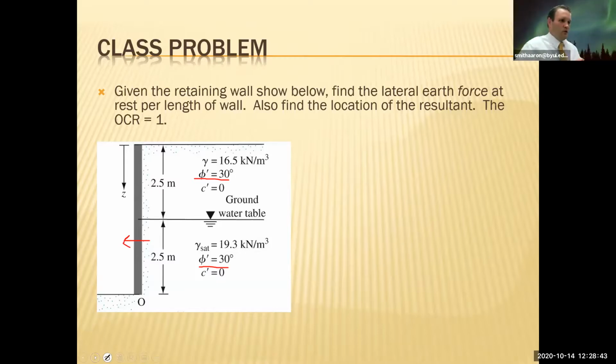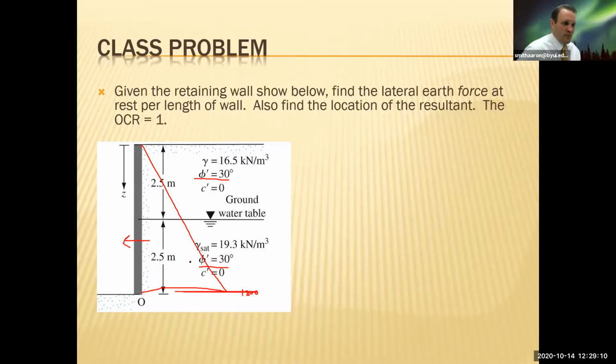Mm-hmm. So if this was all sand and there was no water table, then the sand would probably create some type of stress distribution that looks like that. For every foot that you go down, you're multiplying it by the unit weight. And so if it was 10 feet down and the sand weighed 120 pounds per cubic foot, down here it'd be 1,200 pounds of pressure overall.